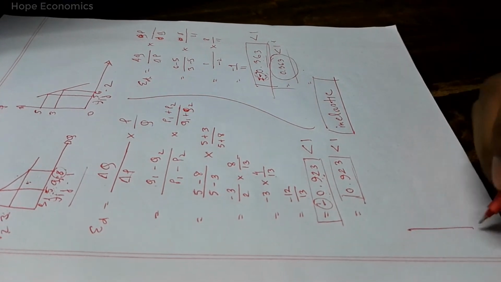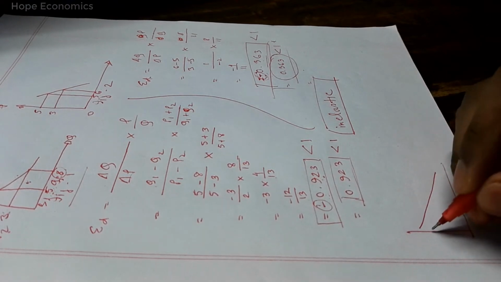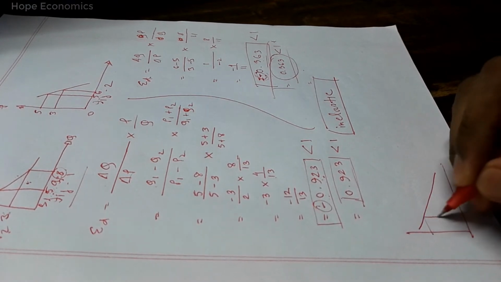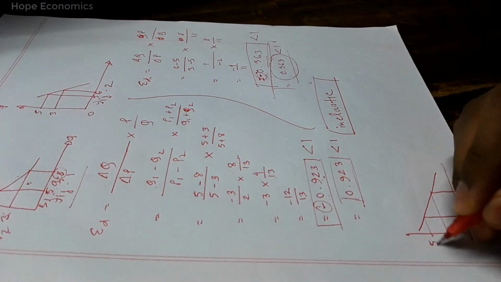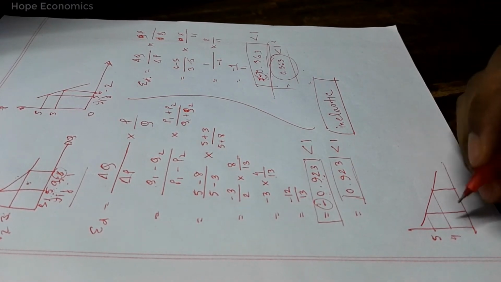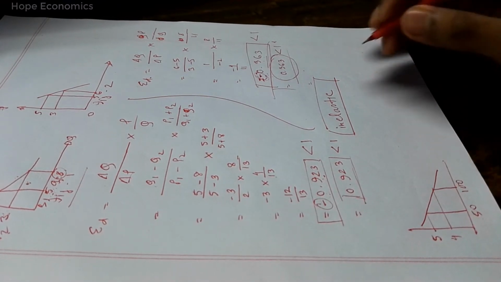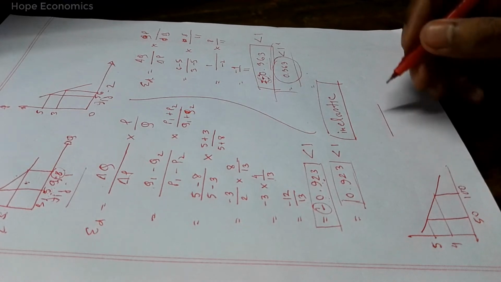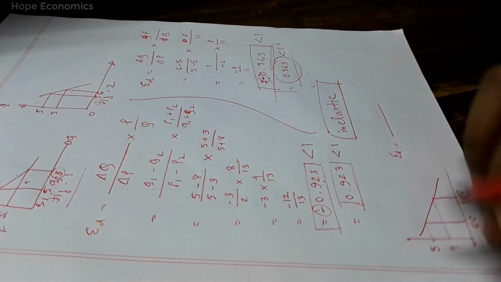Now let's consider another graph in which we use two prices, 5 against 4, and let's say 50 against 100. So what could be the elasticity? Let's find out the elasticity of demand for this curve.